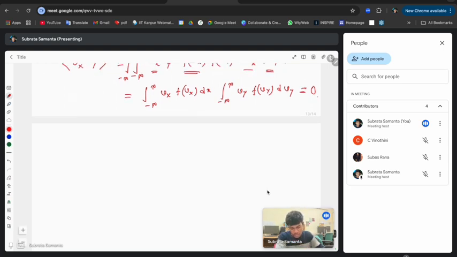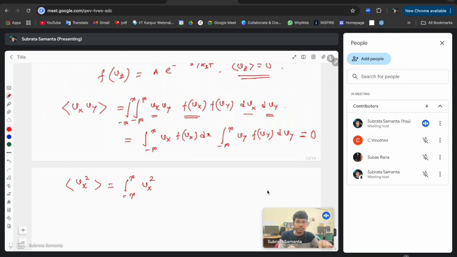But if you compute the Vx square average, how to compute it? The same way, the integral from minus infinity to infinity of Vx square.